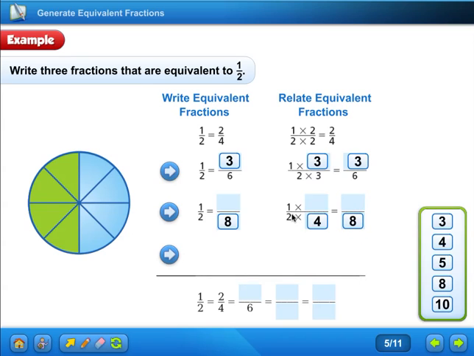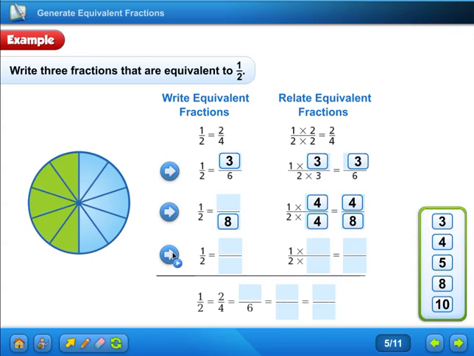I did the bottom because I already knew that one very easily. Remember, whatever you do to the top, you have to do to the bottom, or whatever you do to the bottom, you have to do to the top. So I multiplied this by 4, so I need to multiply this by 4. 1 times 4 equals 4. And 4/8 is what's shaded.